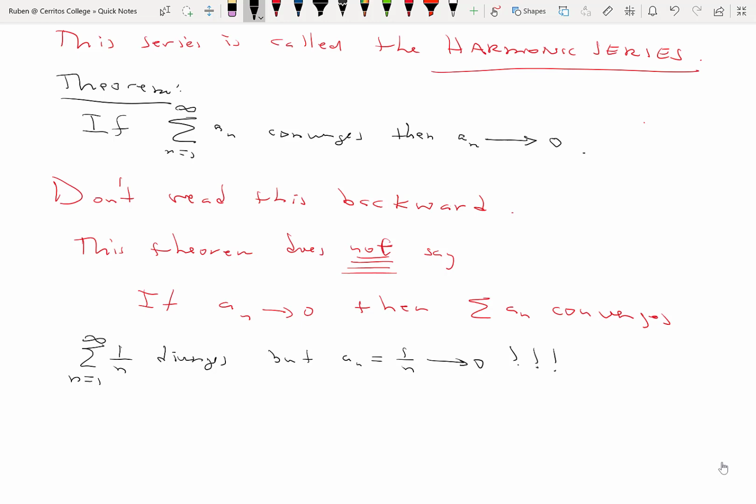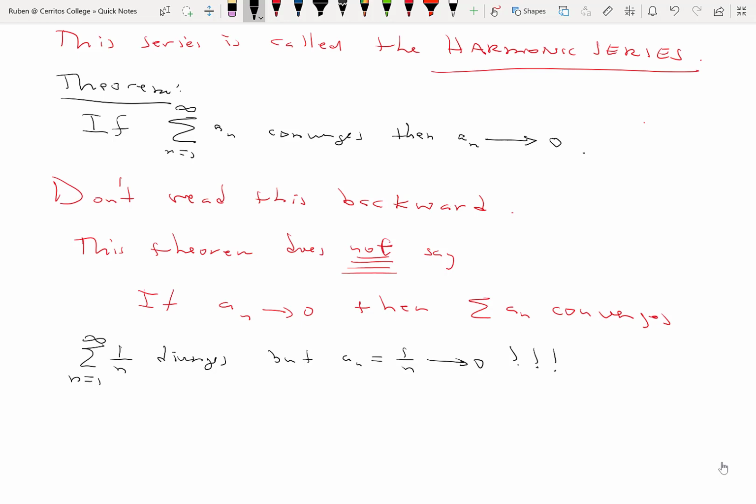The general terms of their series approach 0, but only one of them converged. So if the general term approaches 0, we know nothing about whether the series converges or diverges.